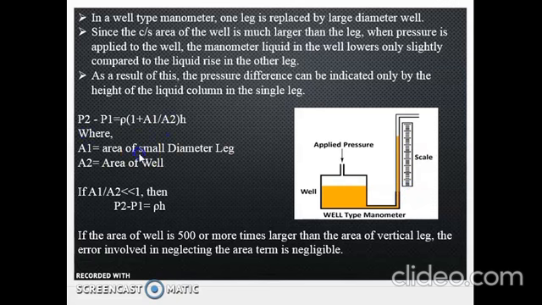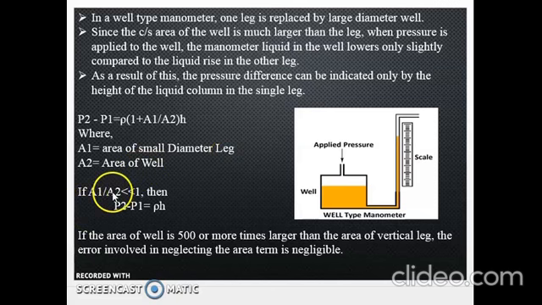Here, if we want to measure the differential pressure, that is also possible. The differential pressure is given by P2 minus P1 equal to rho into bracket 1 plus A1 by A2 into H, where A1 is the area of the small diameter leg and A2 is the area of the well.